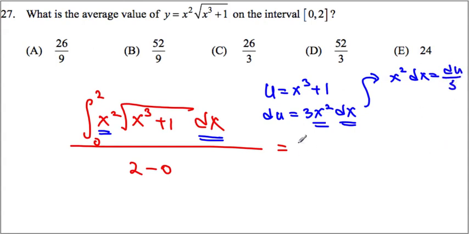So using that, I'm not going to write down the intervals, but we're going to write it as square root of u du over 3, all over 2. I intentionally skipped the interval because 0 through 2 is not necessarily the same interval when we transfer over to the domain of u.